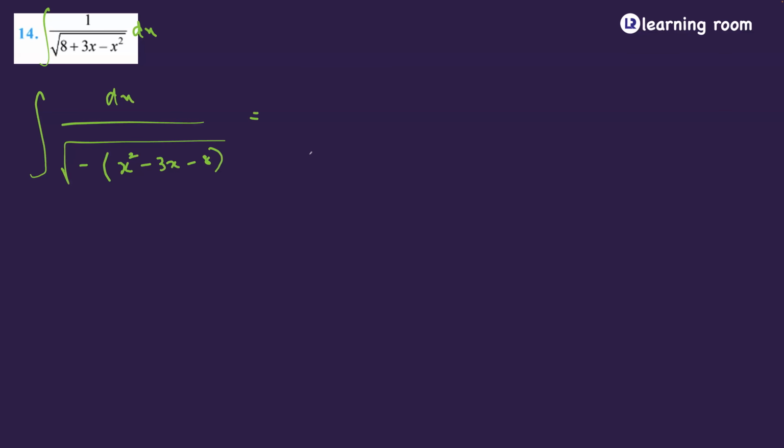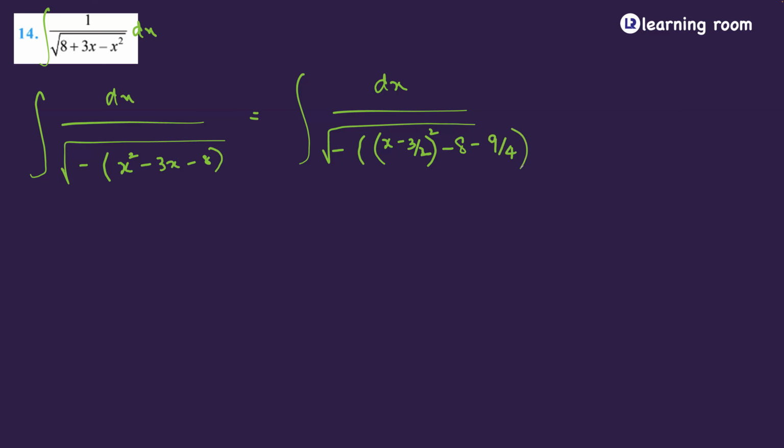This will be integral of dx divided by square root of minus of x square minus 3x minus 8, which means it is x minus 3 by 2 the whole square minus 8 minus 9 by 4. Right?